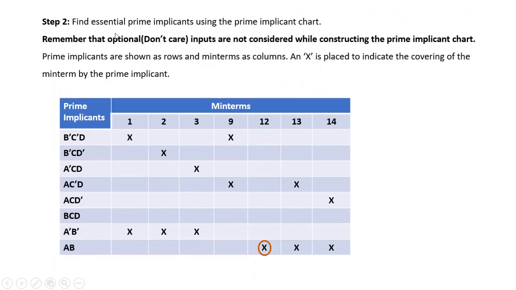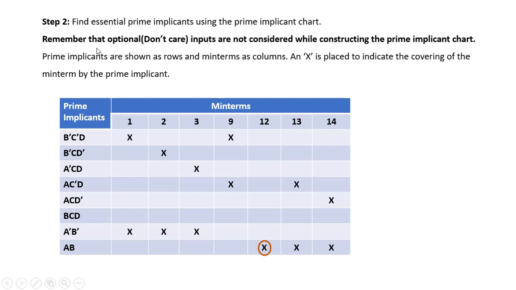Step 2 is to find the essential prime implicants, and for that we will use the prime implicant chart. Now how will we form the prime implicant chart? For each row we will write the prime implicants, and for columns we will write the minterms. So these are prime implicants and these are minterms.